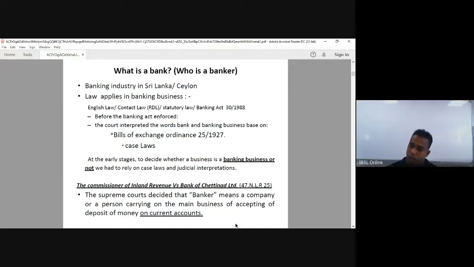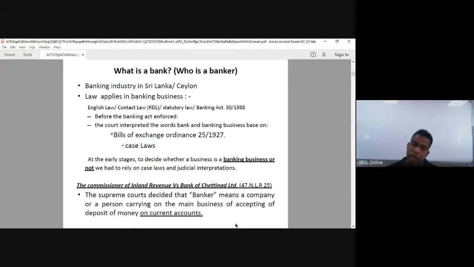When we come to the Bills of Exchange Ordinance, remember, at that time we didn't have a Banking Act. The Banking Act was introduced to the country in 1988, very recently, Act number 30 of 1988.